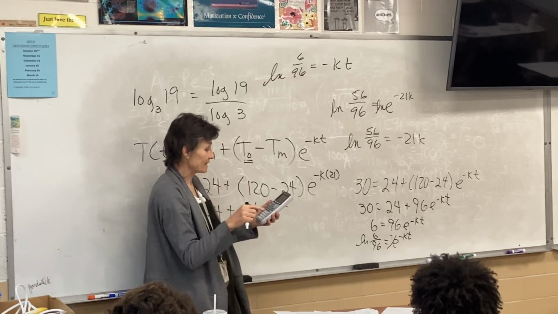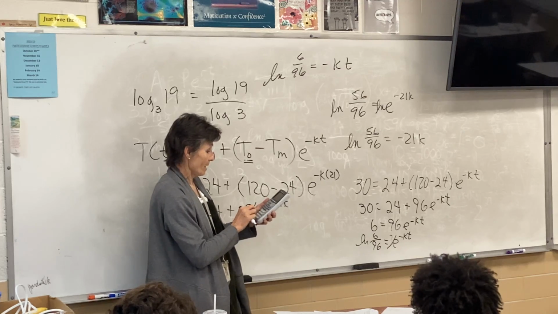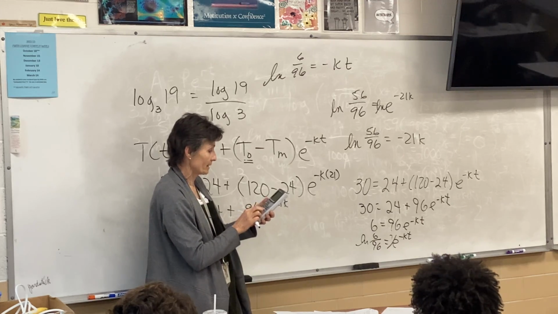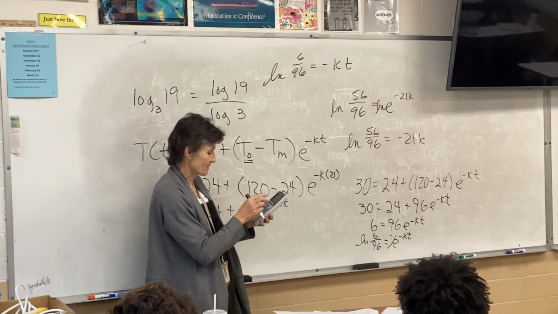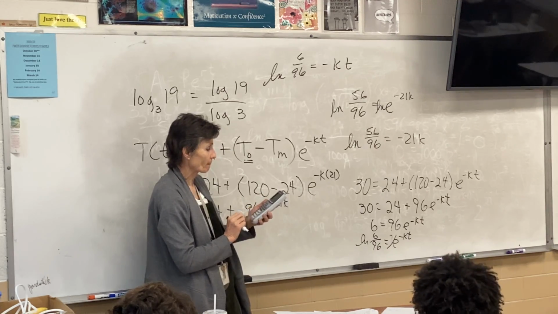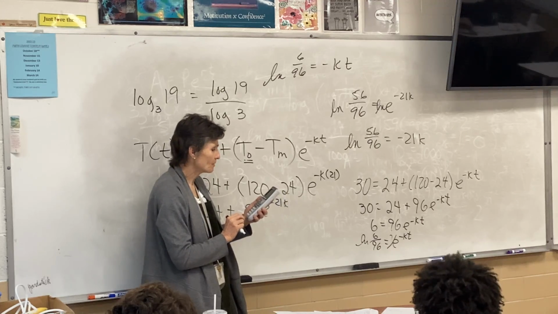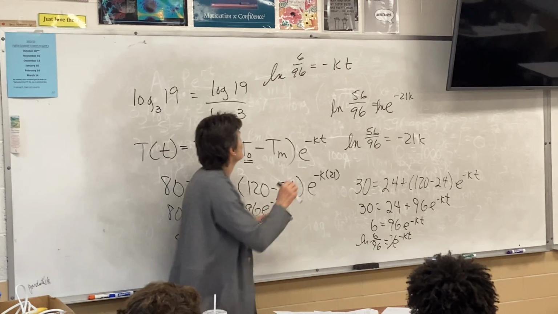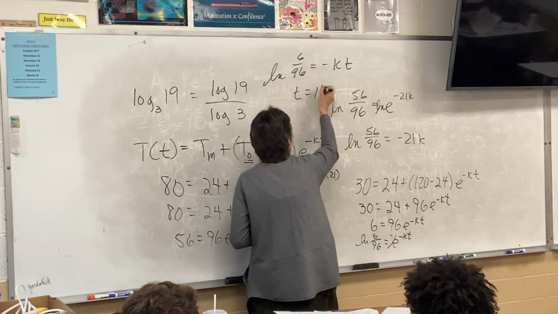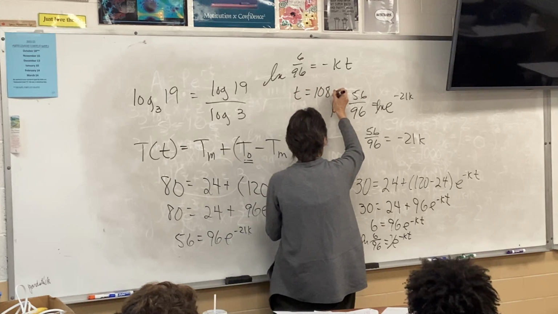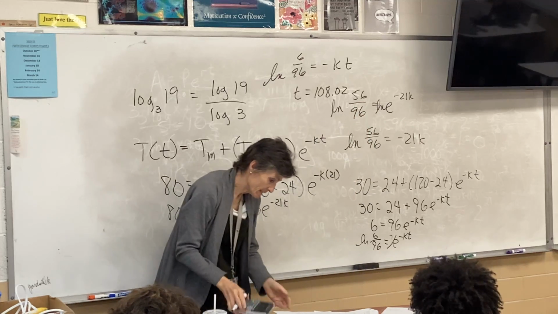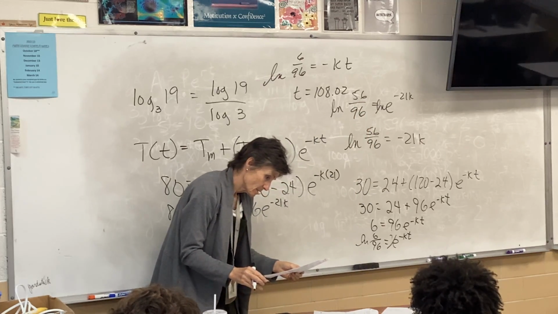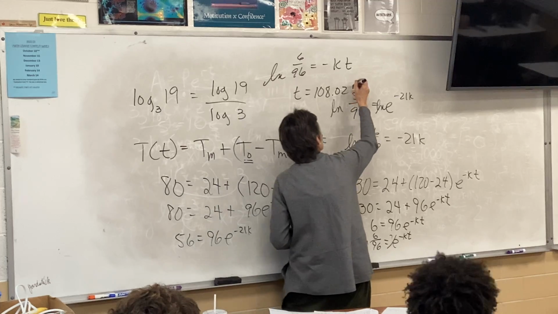I'll divide by k. ln, I can't on my calculator, you guys can, divided by negative k. I got 108. Yeah. All right. What's the unit on that? 108.02, minutes? Yep. So 108 minutes.